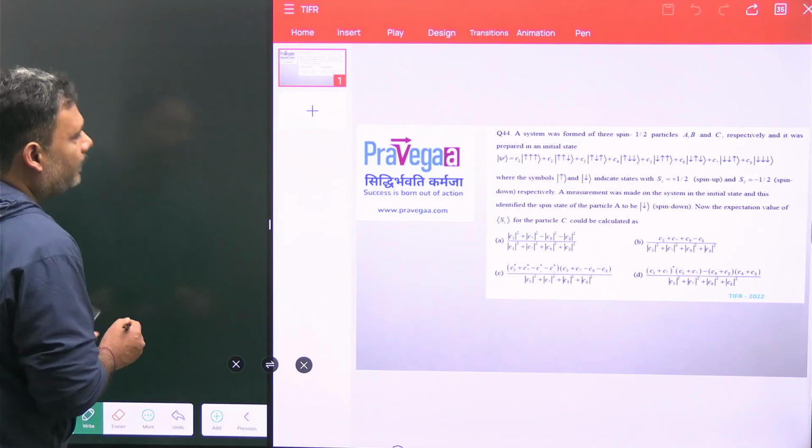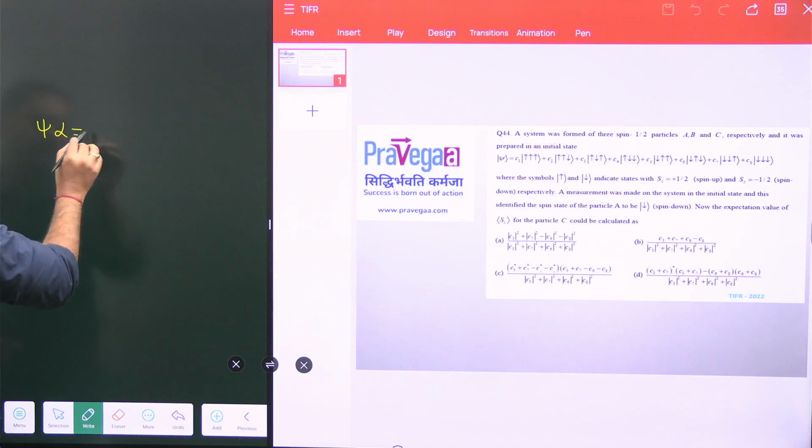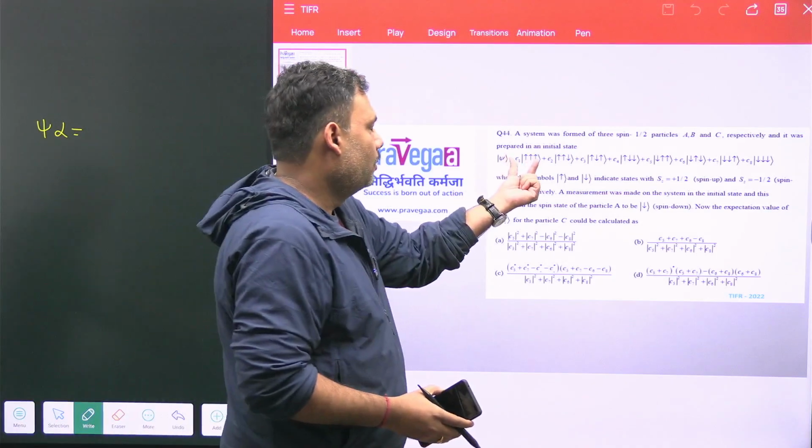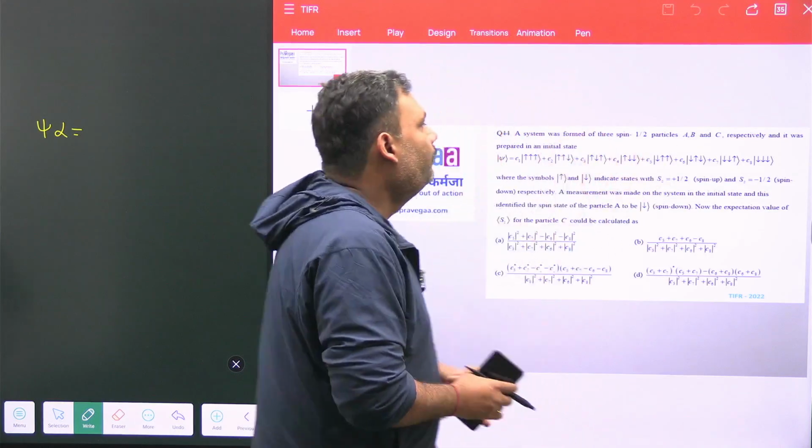My wave function psi is proportional to, and obviously the first is not downward, the second is not downward, the third is not downward, the fourth is not downward, the fifth is downward.